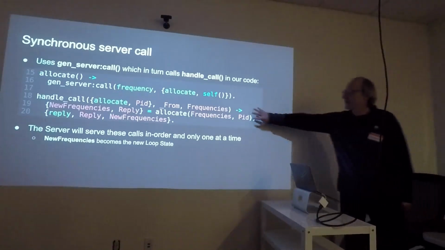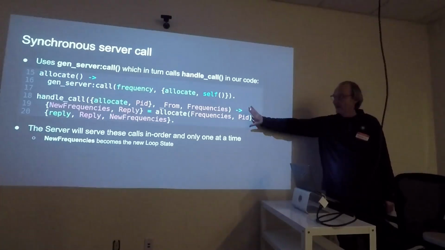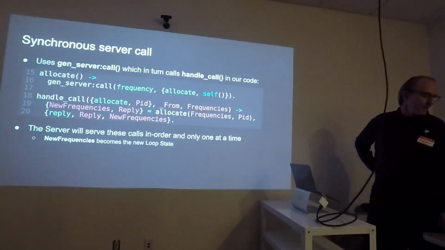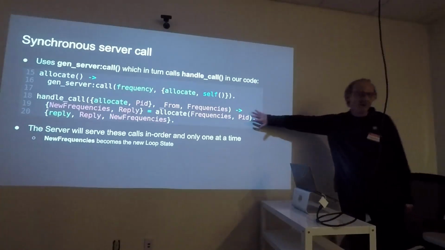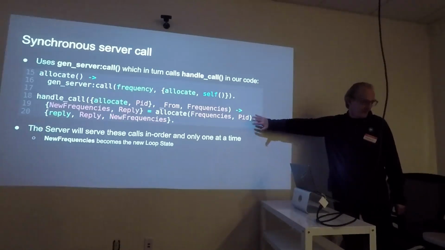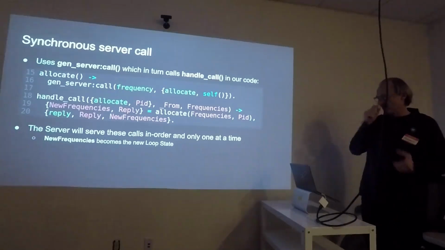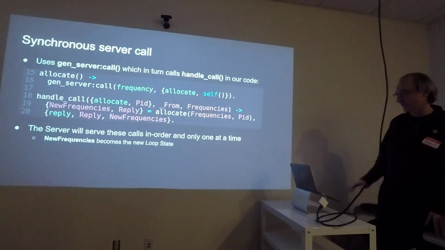The allocate is a public function. Yeah, this is a client function, running in the client process. This is running in the server process. Right, so one process might call allocate, but a separate process would receive it in the handle. No, the server is running the handle call. Right, this code is running in the context of the server. And so you have everything defined in the server available there too.